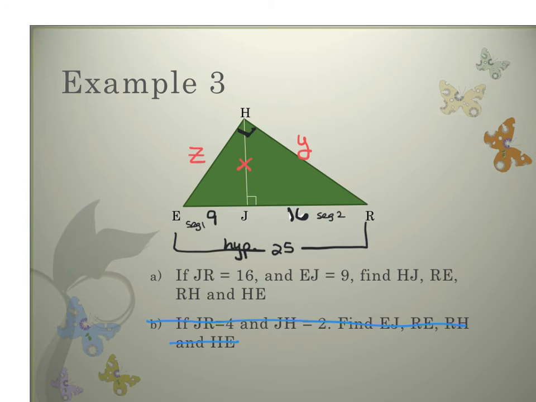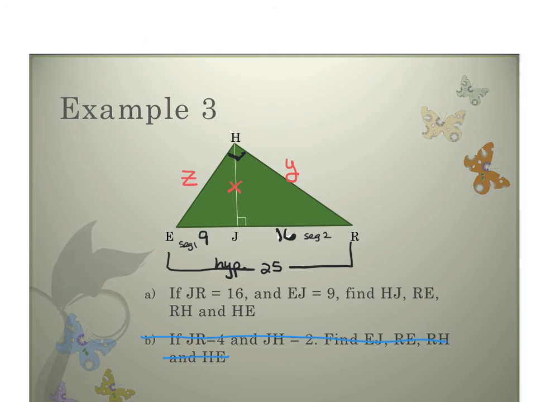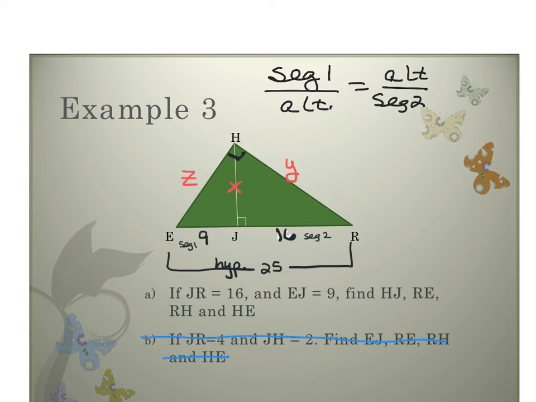The proportion I'm going to be using to find the altitude is segment 1 over altitude equals altitude over segment 2. So my altitude is X, segment 1 is 9, segment 2 is 16. So I'm going to do 9 over X equals X over 16.